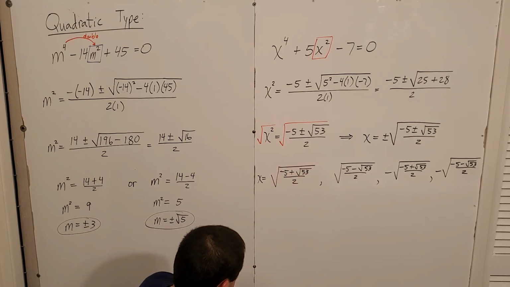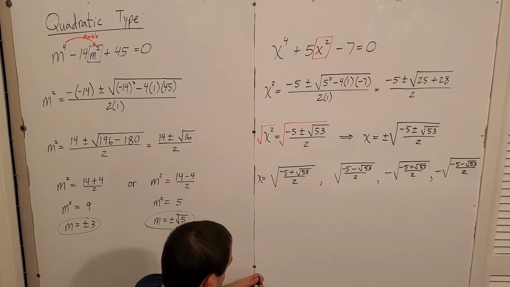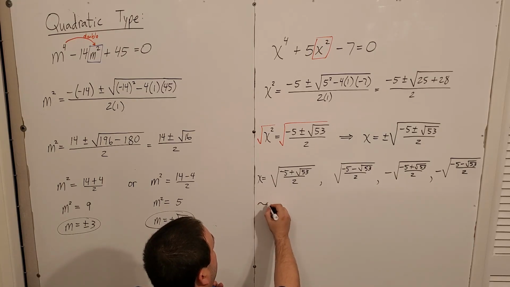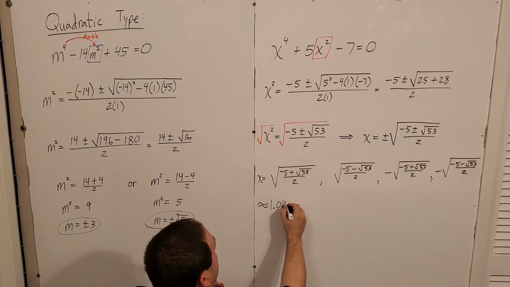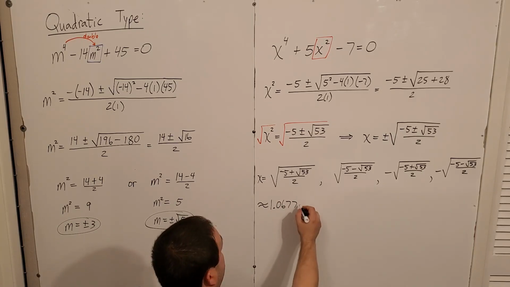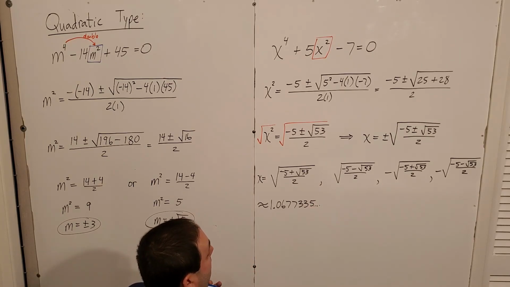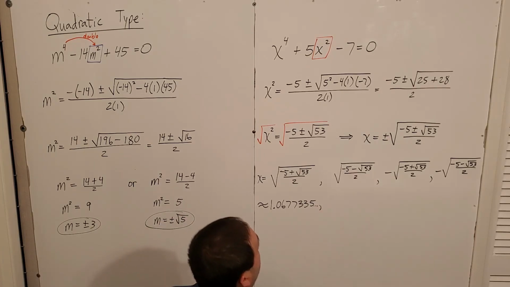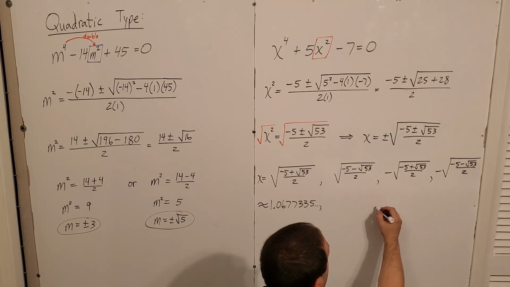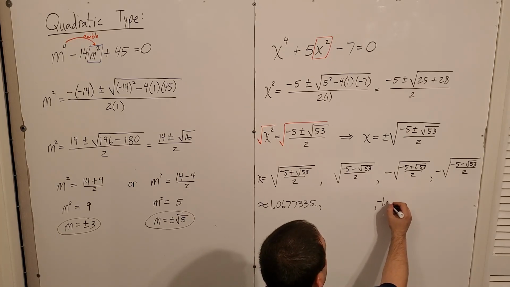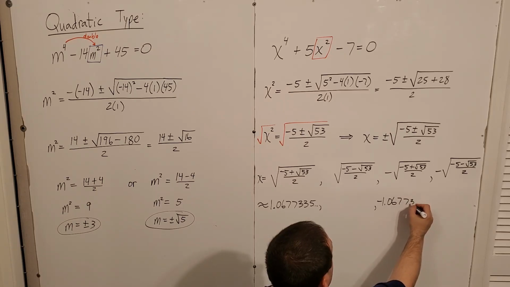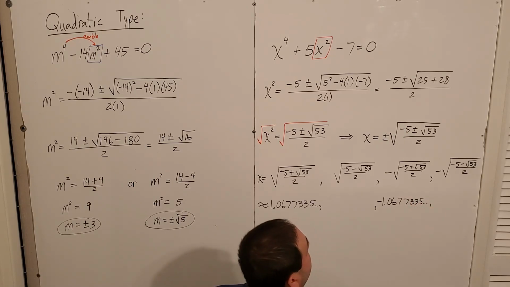I'm going to hit square root of the answer, and I'm getting 1.0677335, and it's got some more garbage after that. Okay, so that's one answer right there. That means this one over here is just the negative of that, negative 1.0677335, and so on. Okay?